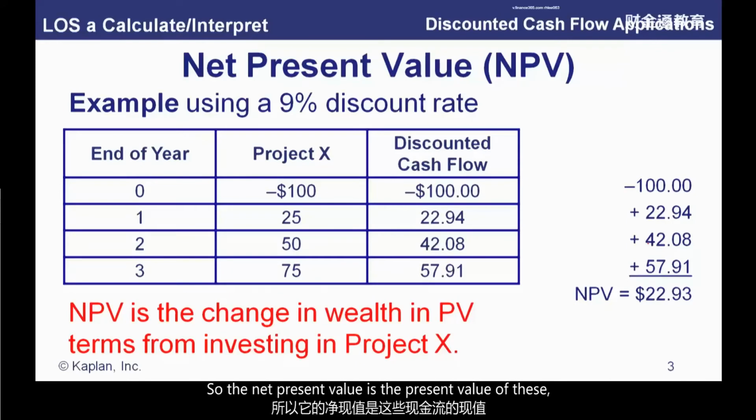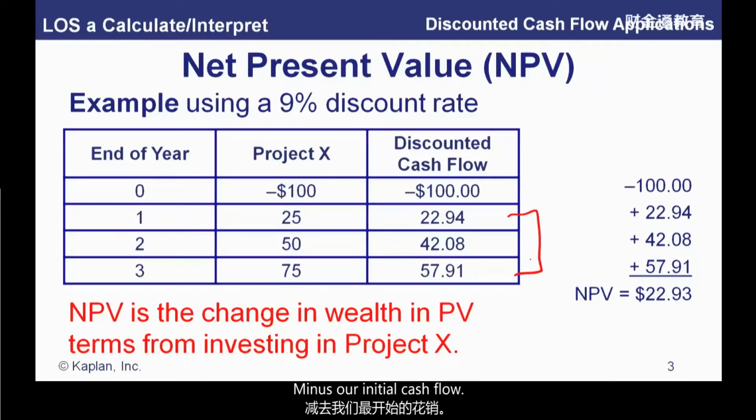So the net present value is the present value of these minus our initial cash flow.